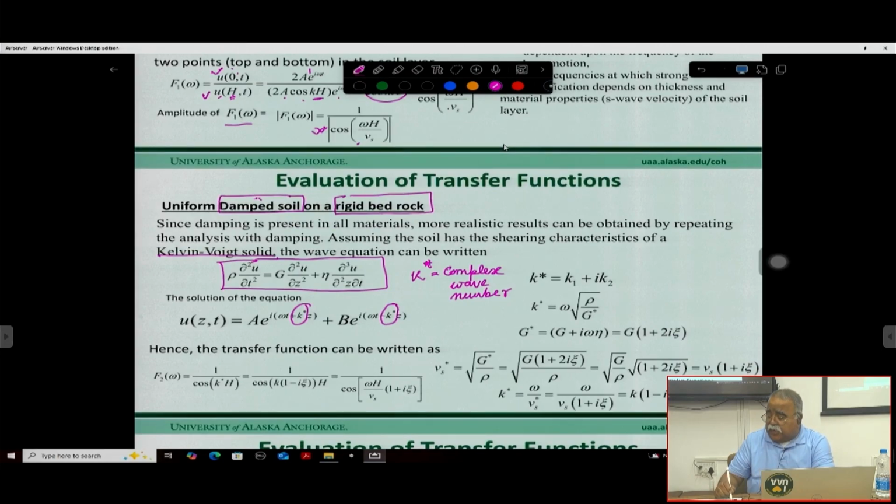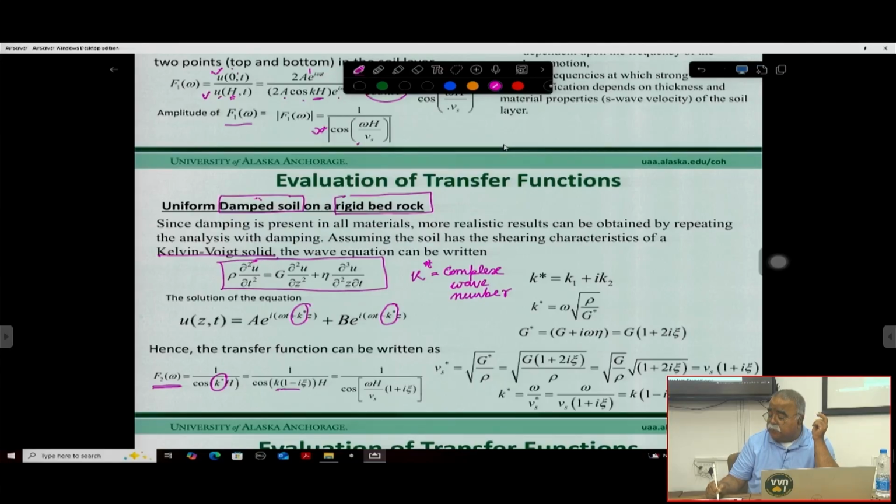So then, if F2W is the transfer function, just like your previous one, the only difference is that this will be k star, right? So that is cos kh. In the previous case it is cos k star h, because this star means it's complex.